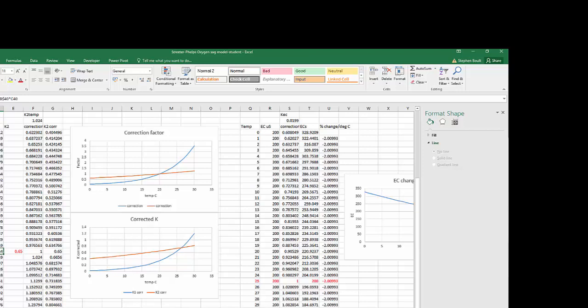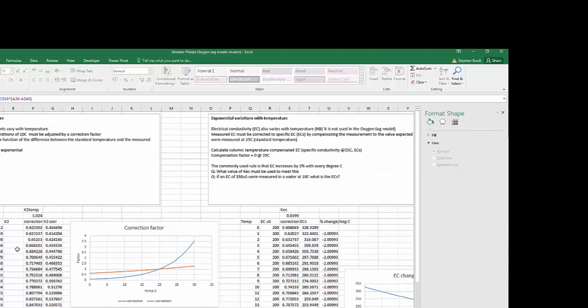As you go further away from 20 degrees, so if we go down to 0 degrees, then we've got a much bigger difference between the measured and the standard temperatures, and therefore the correction factor is much less than 1. And if we go further above 20 degrees, the further away from the standard temperature the correction factor gets, much bigger than 1.